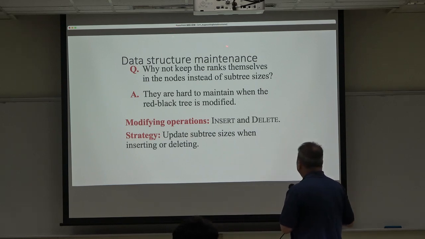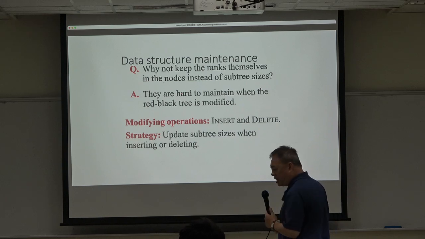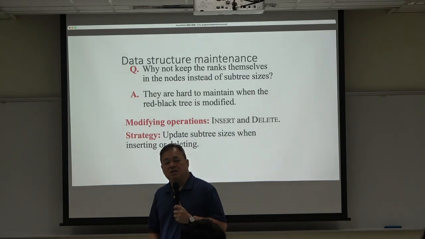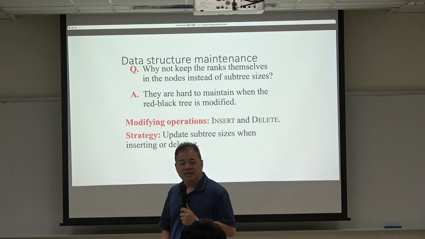So why not keep the ranks themselves in a node instead of subtree size? Because the ranks are harder to maintain when the red-black tree is modified. Remember, we are going to use the red-black tree, and remember, this is called dynamic order statistics.